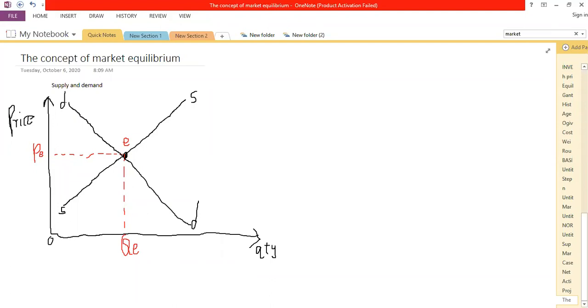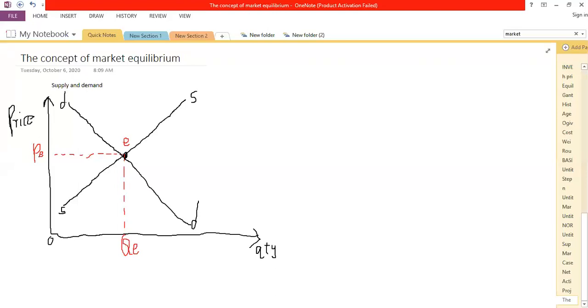Under normal circumstances, the demand curve would slope downwards, the supply curve would slope upwards. At the point of intersection between these two curves represented on the same graph, we have the equilibrium point, also known as the equilibrium position.